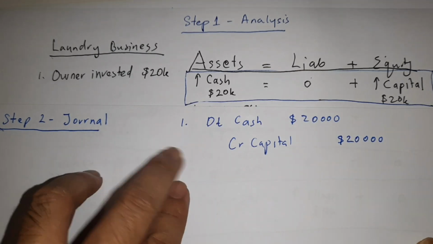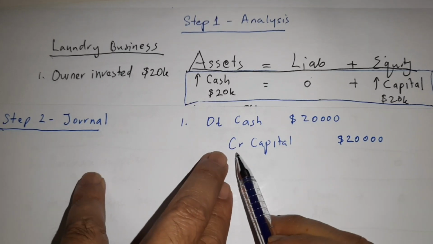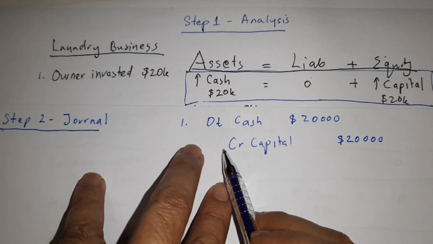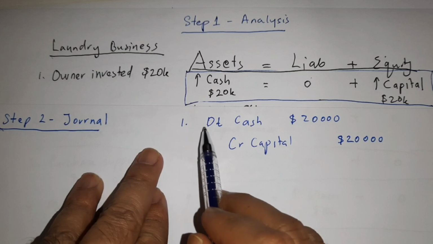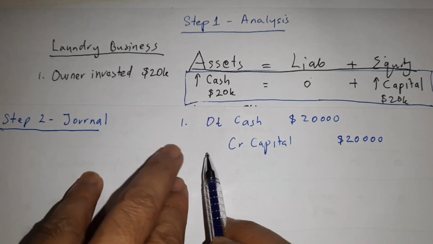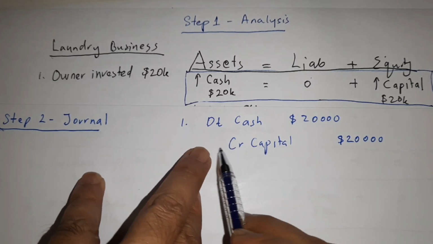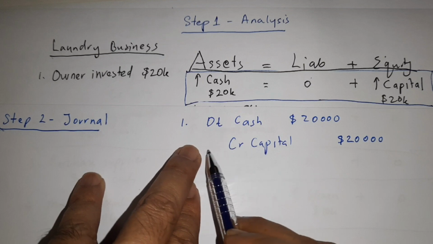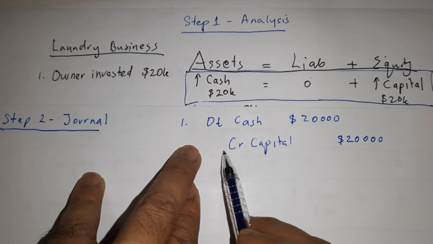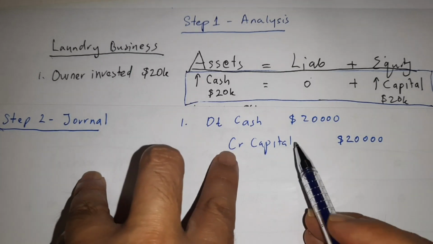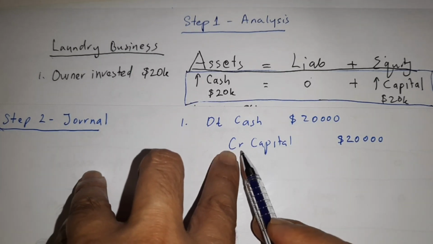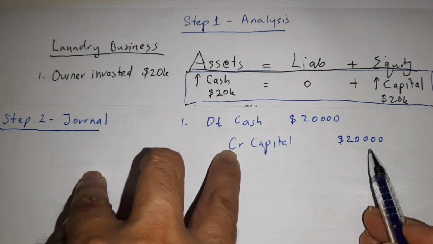So remember, you have to show the credit entry a bit in the right side. You cannot write in the same line, but you have to show the credit entry a bit in the right side of your general journal.